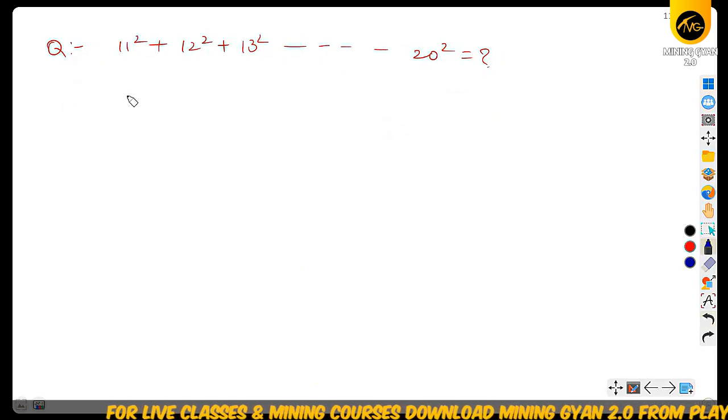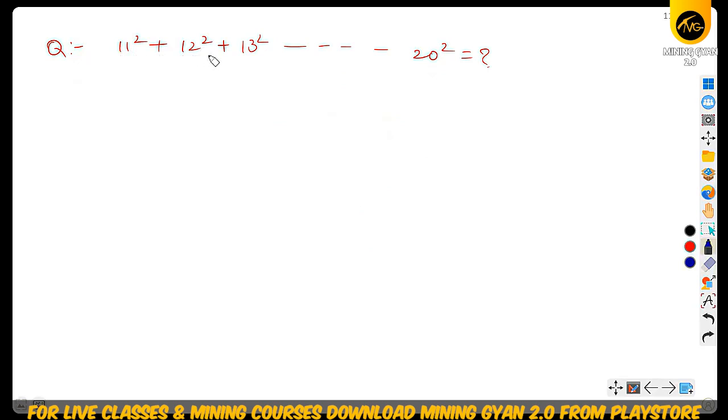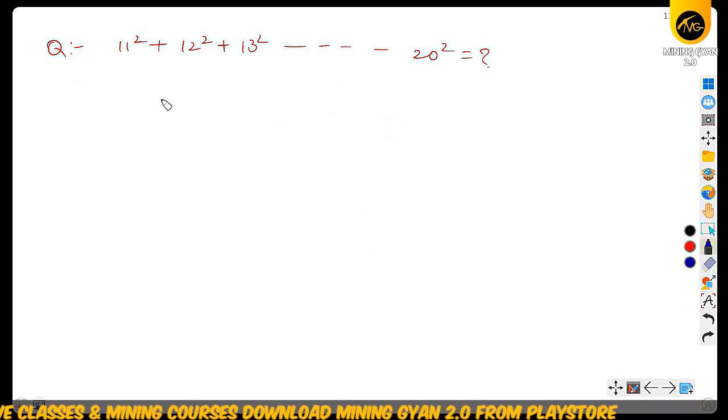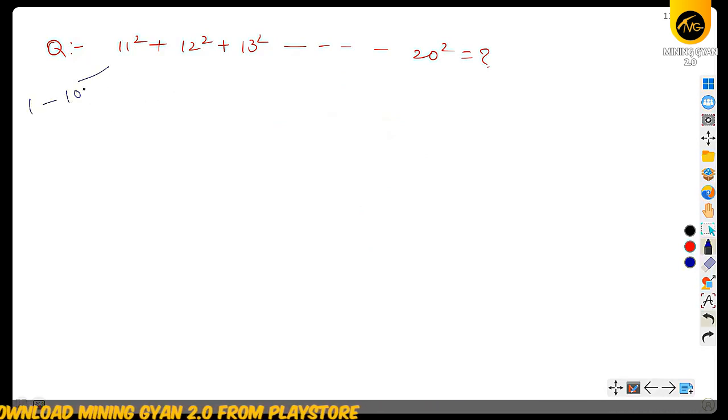Now let's move to another question, which is 11 square plus 12 square plus 13 square and so on to 20 square. Now in this case we have two portions of the series, since it starts from 11 but we already have the series 1 to 10.